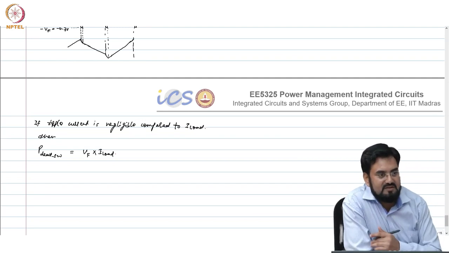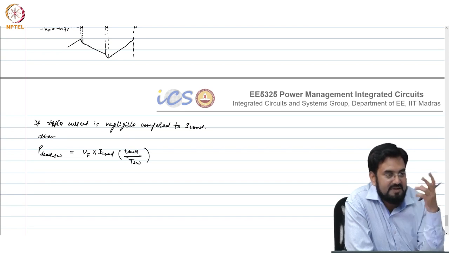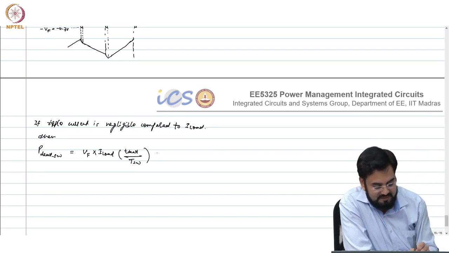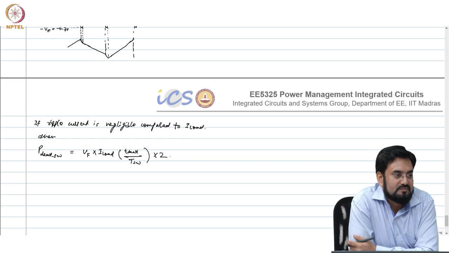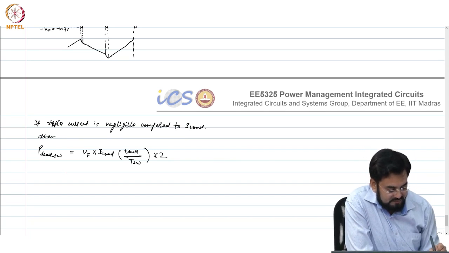So you have to take the average of that. So this is only happening for T dead divided by TSW, and this is happening twice. It's happening at both the edges, positive and negative. So multiplied by 2. So approximately twice VF.